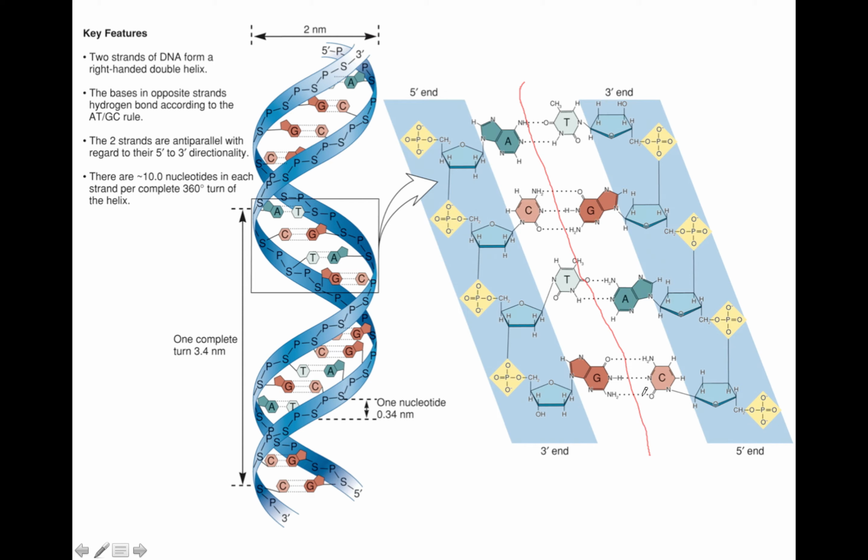Notice that there are two patterns of hydrogen bonding: between the AT bases, 2 hydrogen bonds, and the GC bases, 3 hydrogen bonds. And many different processes involving DNA replication and transcription exploit these seemingly very minor differences between the number of hydrogen bonds between G and C and A and T.